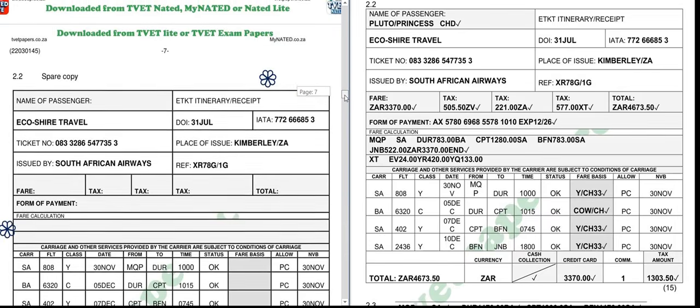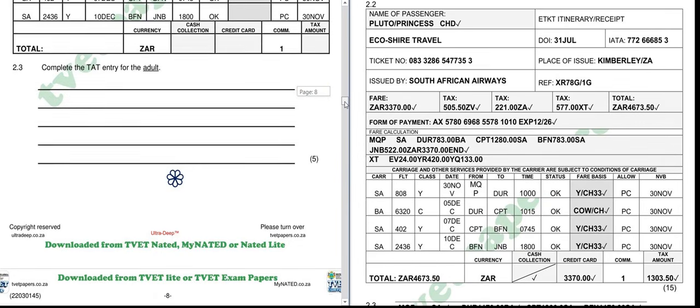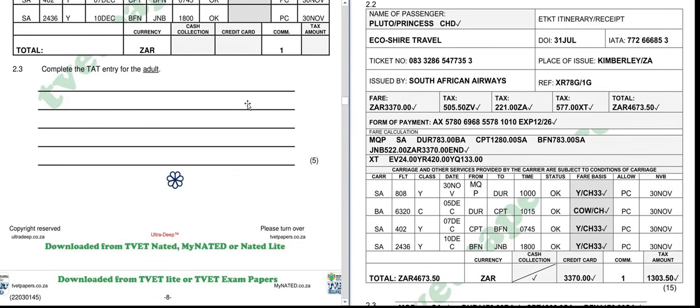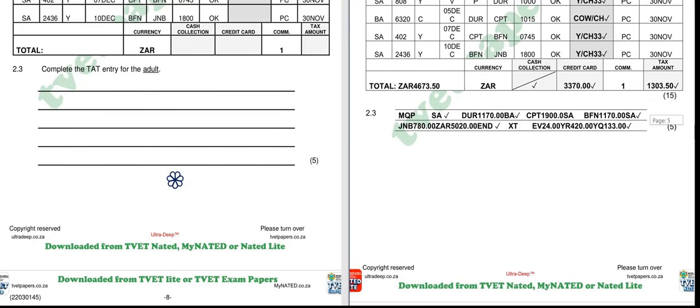Moving on to the next question, question 2.3: complete the TAT entry for the adult. In response to that, this is what we have in terms of 2.3.